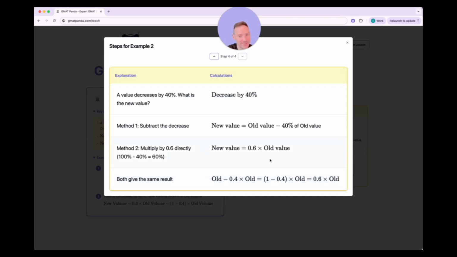And this is another way of expressing a 40% decrease. We multiply the old value by 0.6. Another way of thinking about that is a 40% decrease of something represents just taking 60% of the original amount.